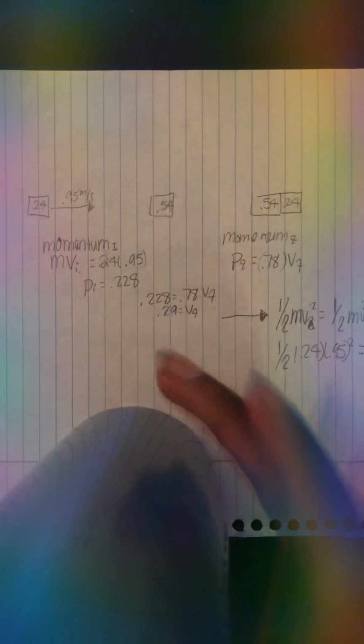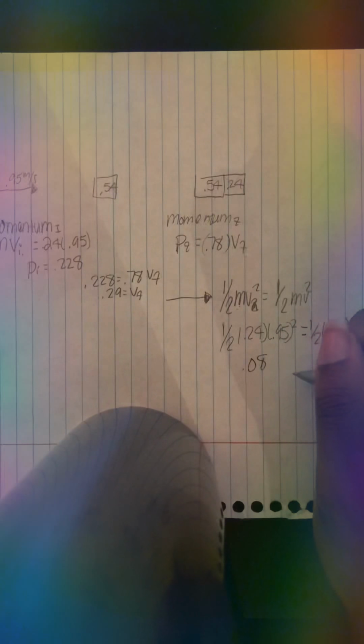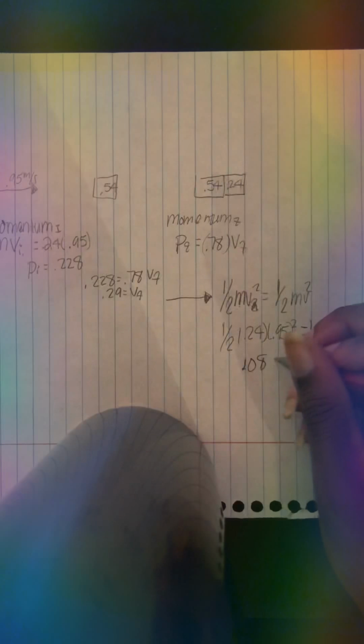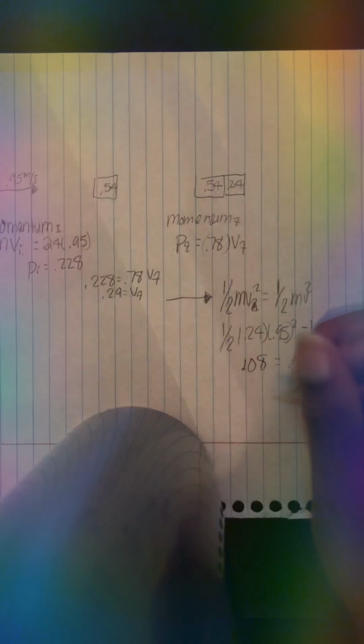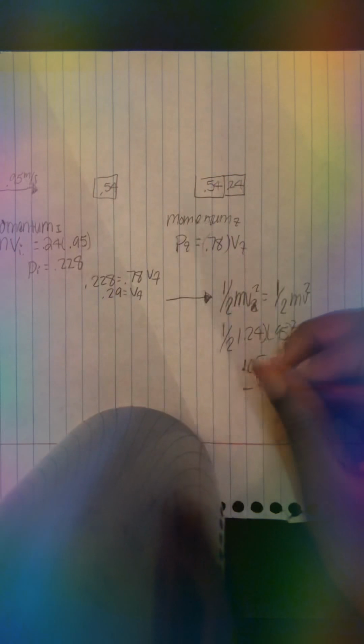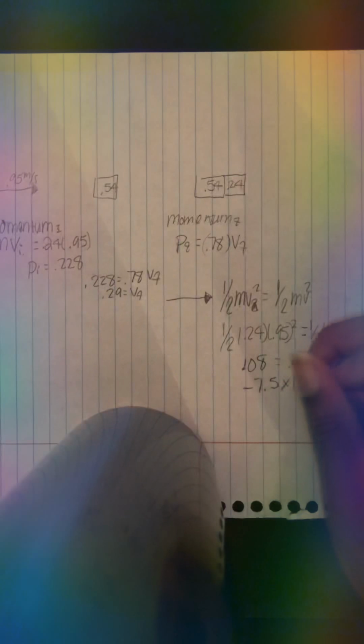So this ends up being 0.108, and set that equal to 0.032. Then we just subtract the kinetic energies, and we end up with negative 7.5 times 10 to the negative 2.